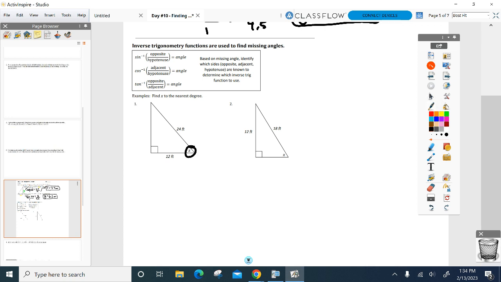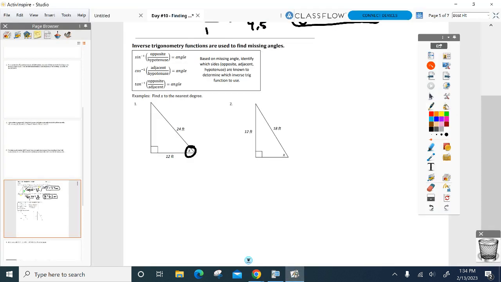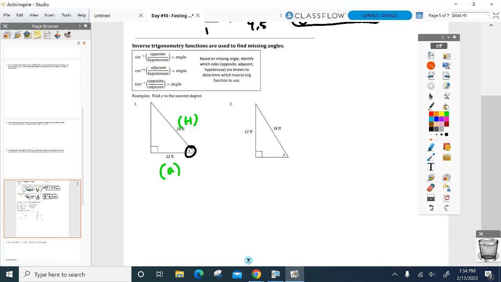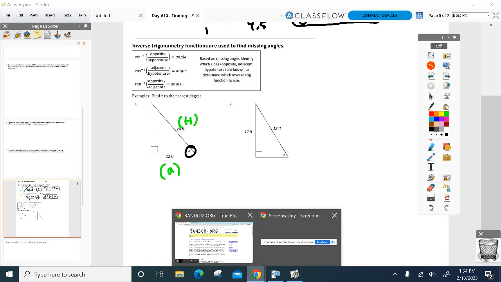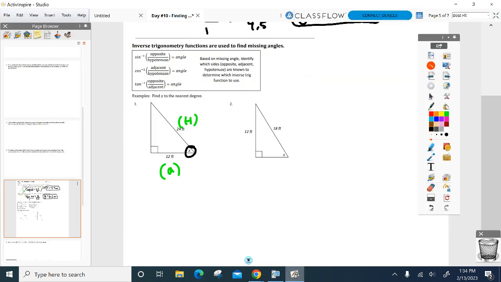I want you to do the same exact thing you would if you found a side. Identify what the 12 and the 24 are: opposite, adjacent, or hypotenuse. What's the 12? Adjacent. And how about the 24? Hypotenuse. So we have enough information to use which one of the three ratios?